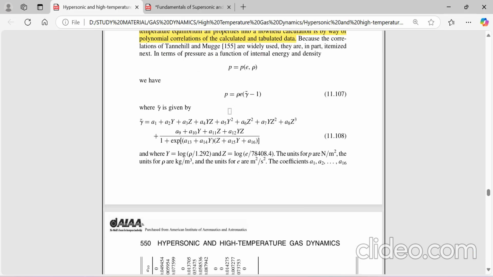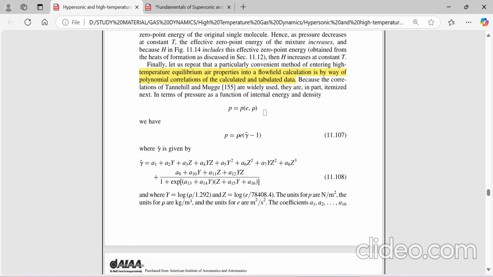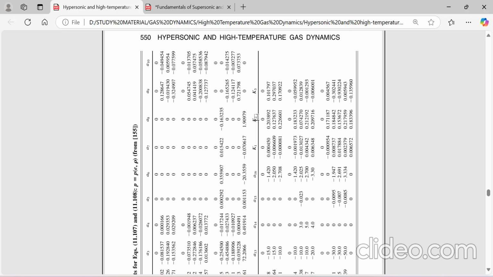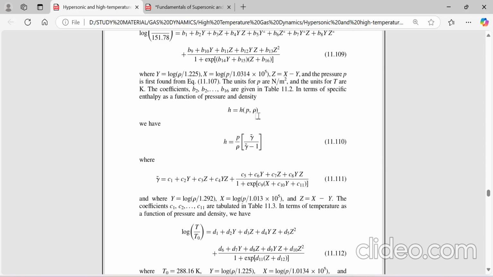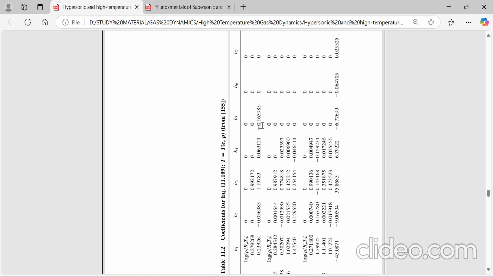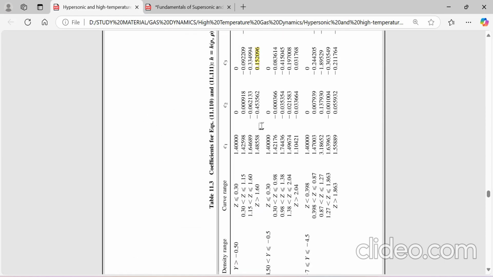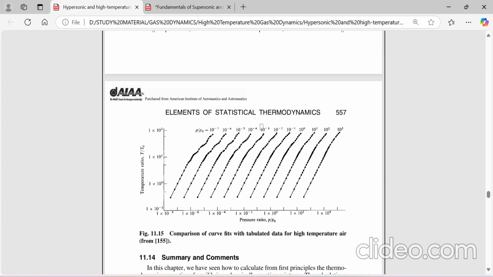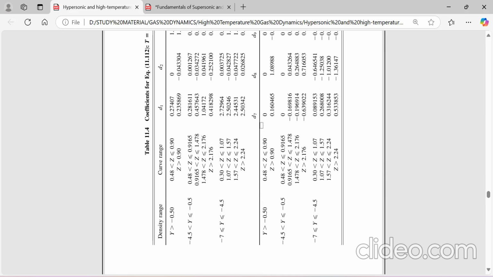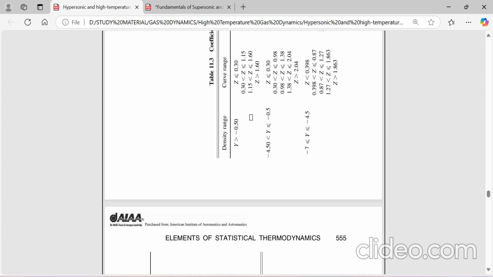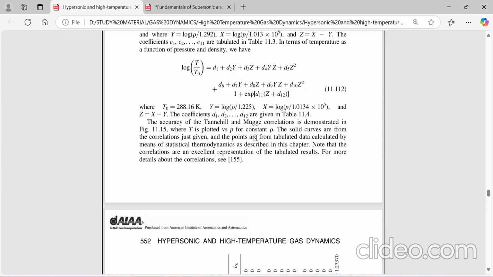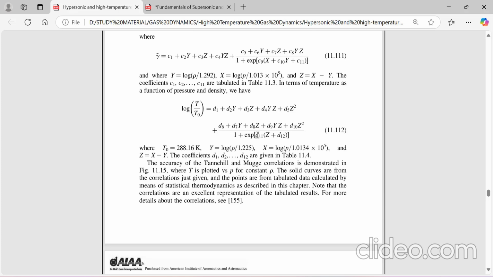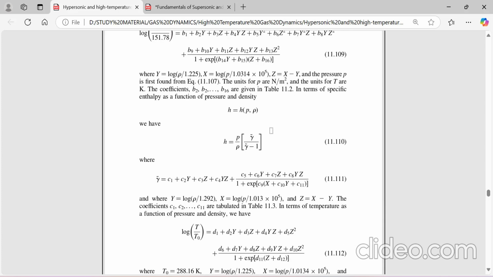So there are relations like pressure as a function of E and rho, temperature as a function of E and rho, H as a function of P and rho. In this one only these are given, or density as a function of H and P.